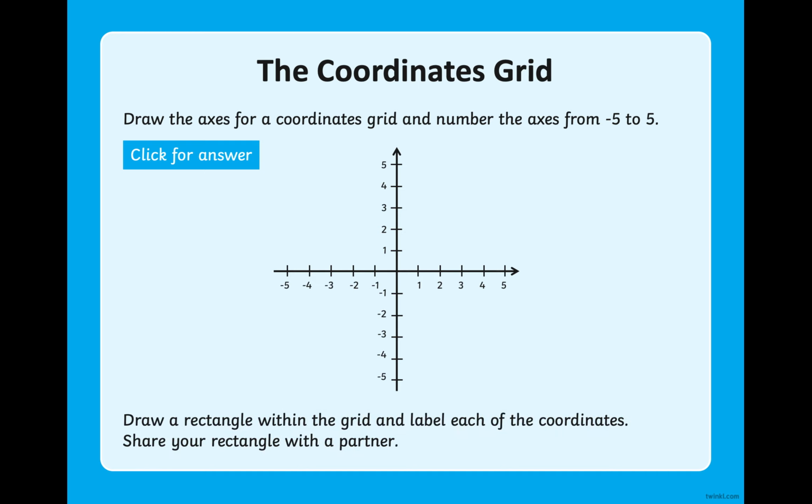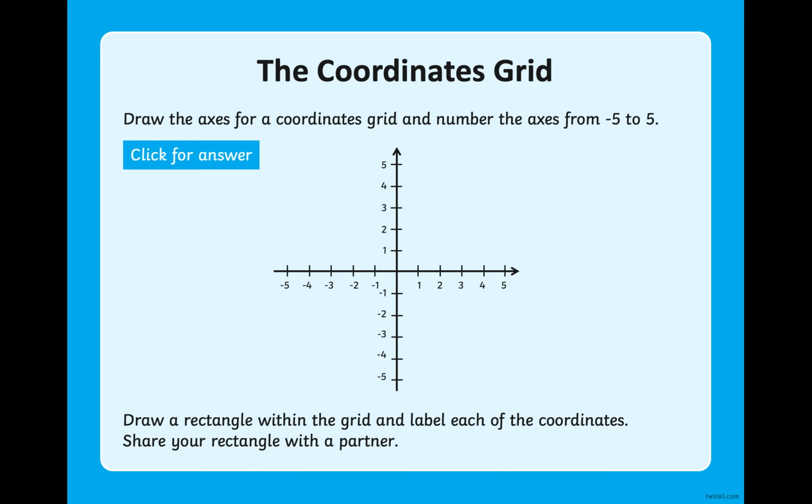Okay, now I want you to draw a rectangle within this grid and label the coordinates, meaning each corner of the rectangle. I need you to estimate, draw your own. I'm going to draw my own on the screen.